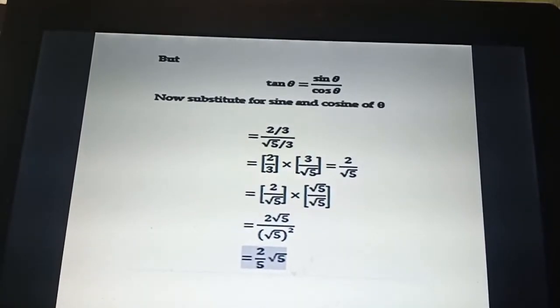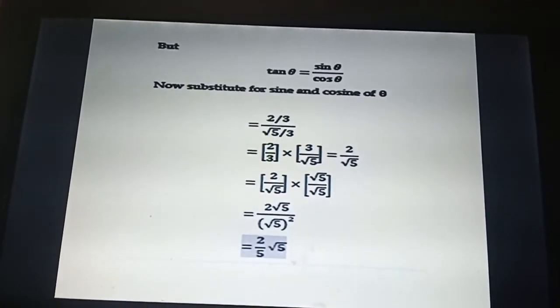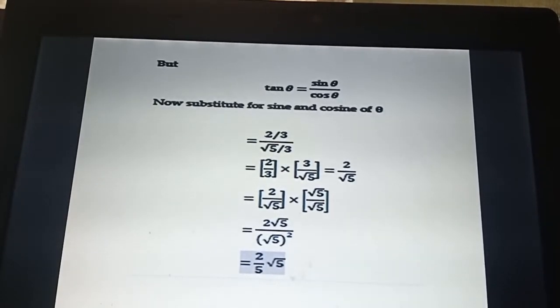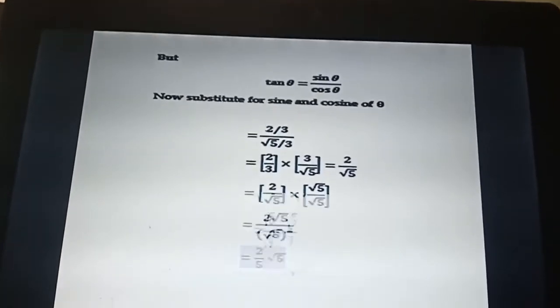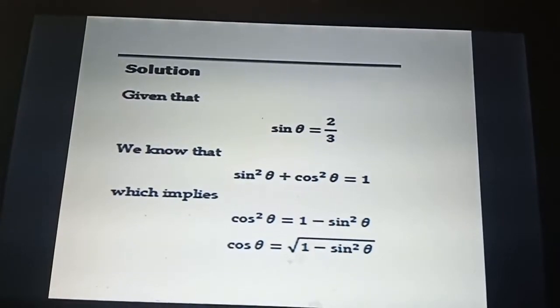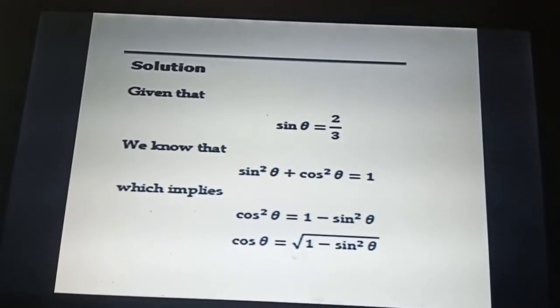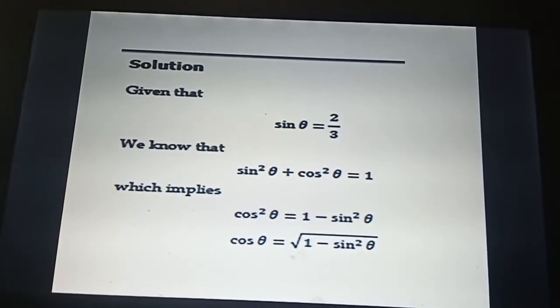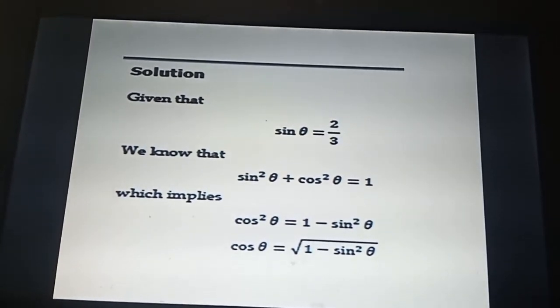If you can recall, our sine theta is equal to, we should go back a little bit. When you go back a little bit, these are the values of sine theta, 2 over 3. So we should substitute it.